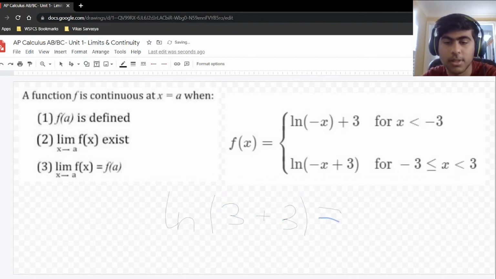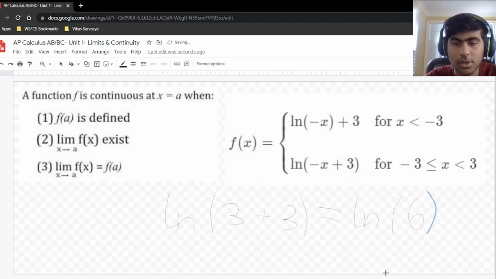Well, that's equal to the natural log of 6. So that is, f of a is defined at x equals -3. Now we have to find out if the limit exists.